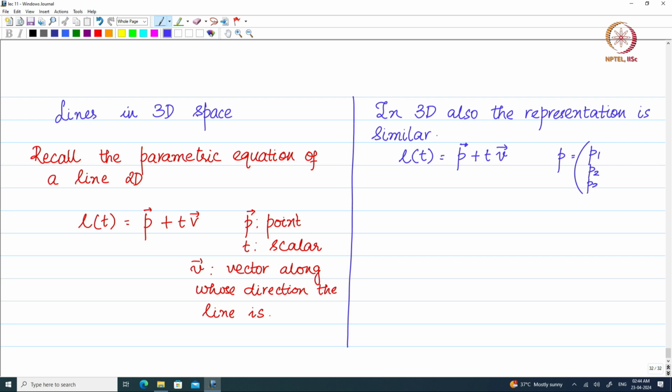We are going to have P1, P2, P3, and v is also a vector with 3 components v1, v2, v3, right.